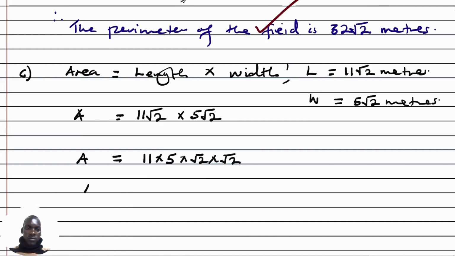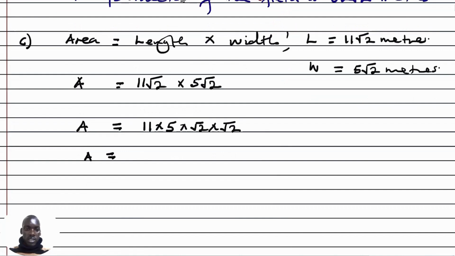So this is equal to 11 multiplied by 5, which is 55, then multiplied by root 2 multiplied by root 2, which is 2. Why? Because the square root of 2 multiplied by the square root of 2 is the same as 2 squared under a square root, whereby the square and the root cancel and we get the answer 2. So that's why we have it as this.